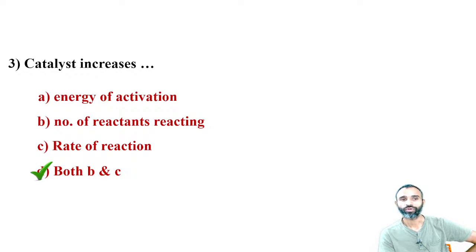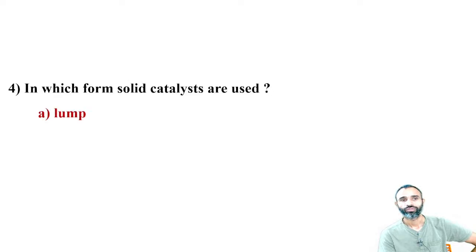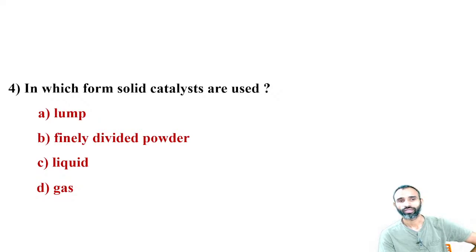Actually why does the rate of reaction increase? Because more reactant is converted into product. It is the decrease in concentration of reactant versus time taken. So in which form are solids used? Finely divided powder, right?